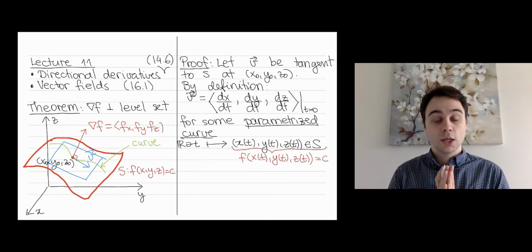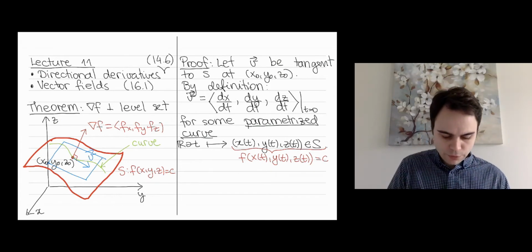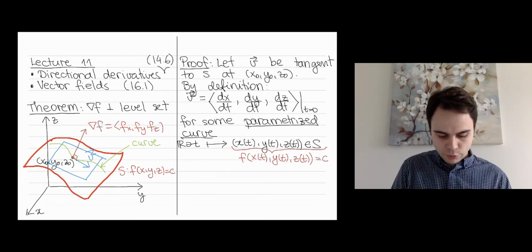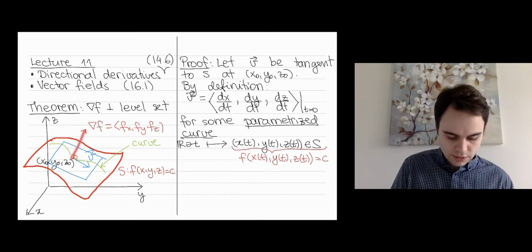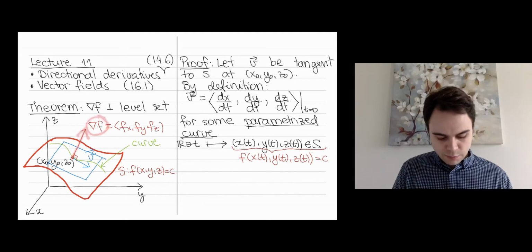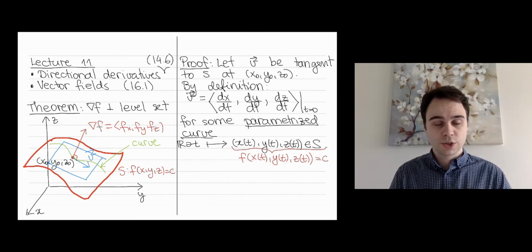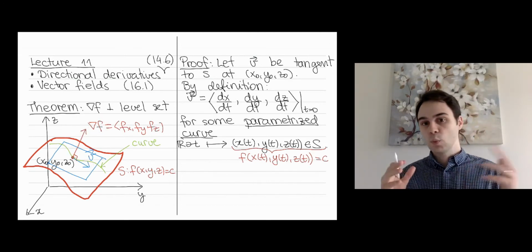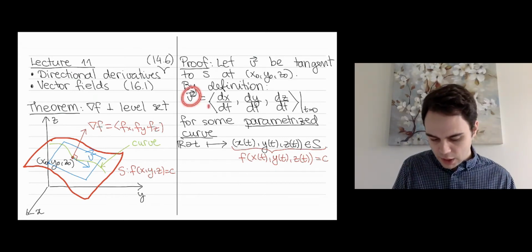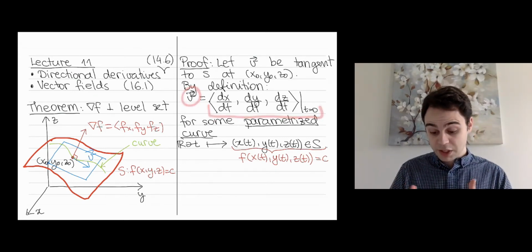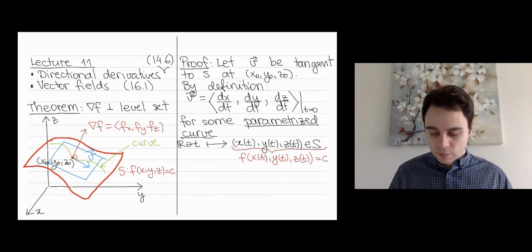But to summarize the proof, our goal, to prove the statement of the theorem, is to show that the gradient of the function is perpendicular to every tangent vector in the surface, and then we have to use the definition of a tangent vector. So a tangent vector is the velocity vector of some curve inside the surface.